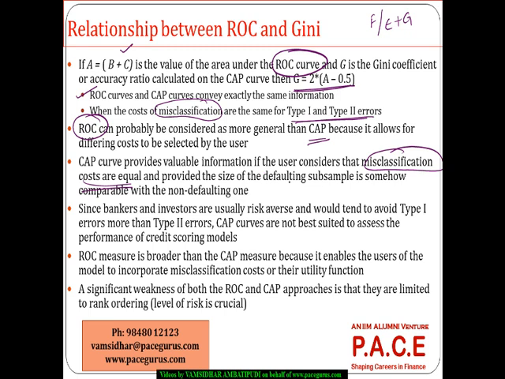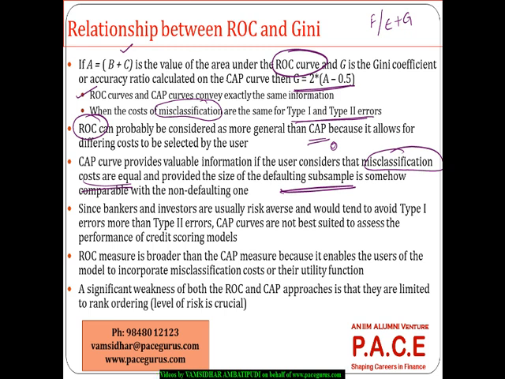And even with the defaulting subsample, if the sample has zero defaults, then probably it's nowhere reliable to use this model at all. Then in that case, it's better to rely on the ROC approach itself. But wherever the defaulting subsample is compared with the non-defaulting in the real world, then I can very well rely on the CAP curve.